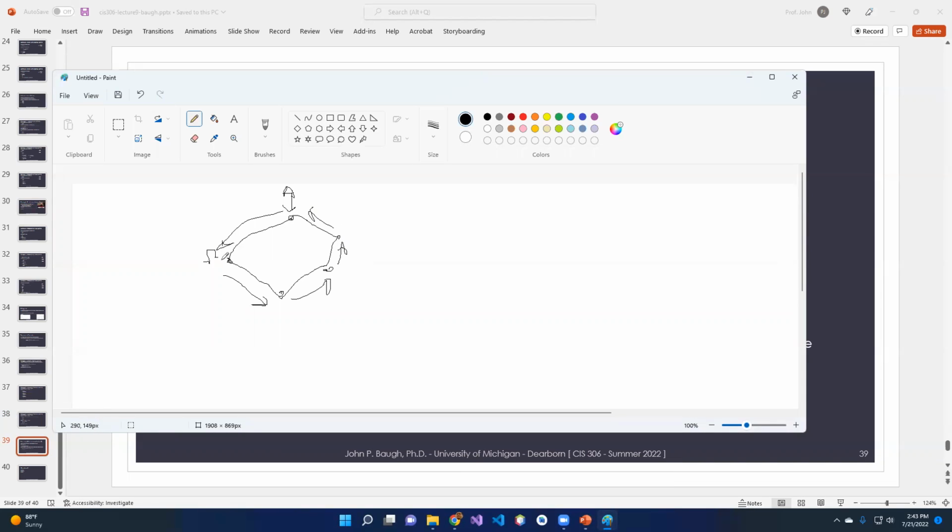So I'd have A and then B, C, D, E. It really doesn't matter what their names are as long as you do the equation correct. So you want A, B, C, D, E. That's counterclockwise, starting at a particular point. If you started here, that would be fine too, but you still have to go counterclockwise to get the formula correct.